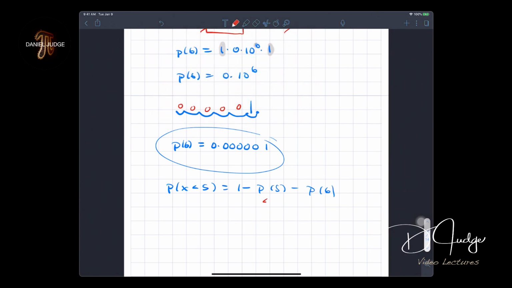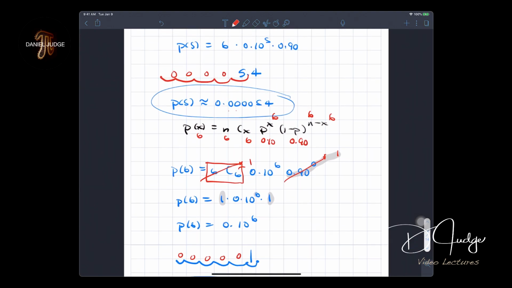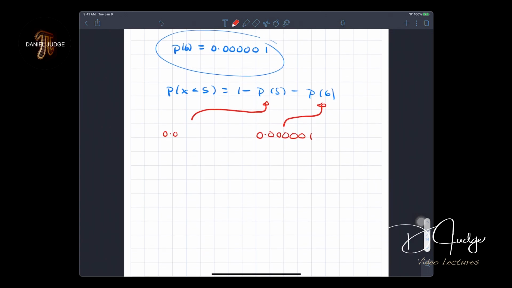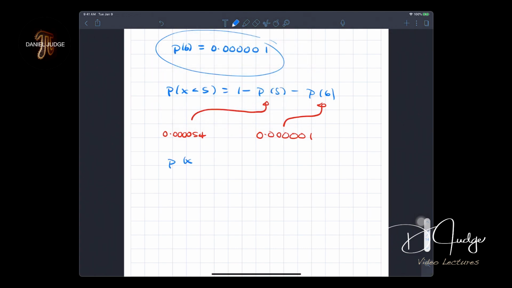Don't forget to write these down. P of 6 had 5 zeros and a 1. And then P of 5, we said, has 4 zeros, 5, 4.